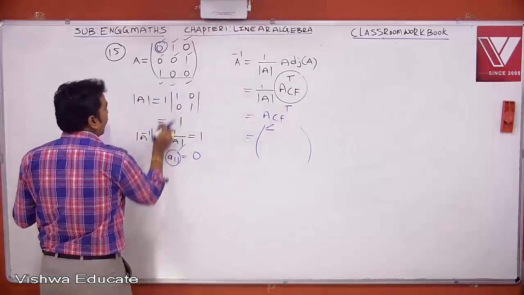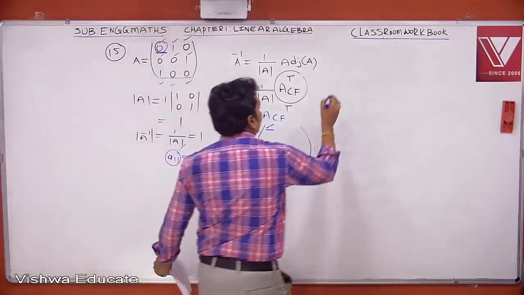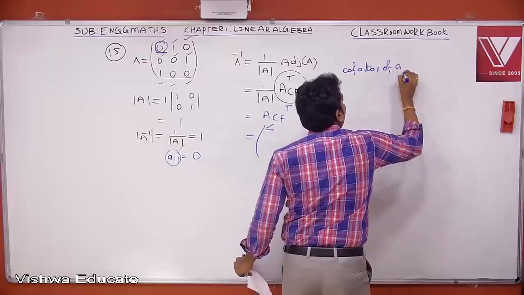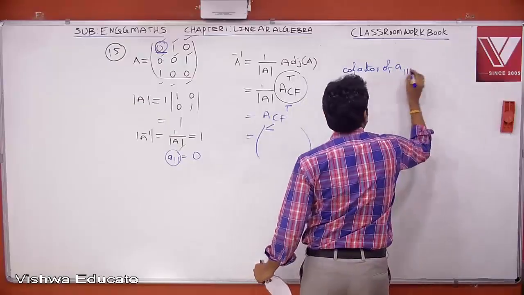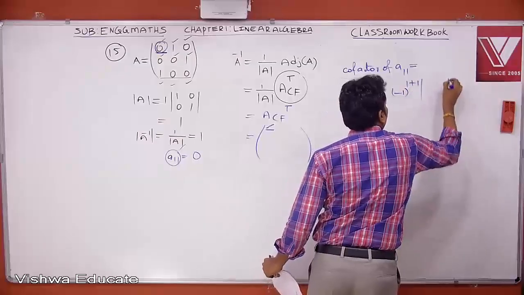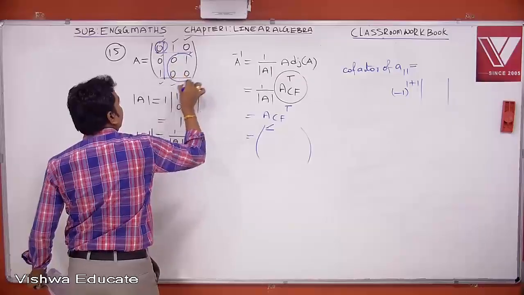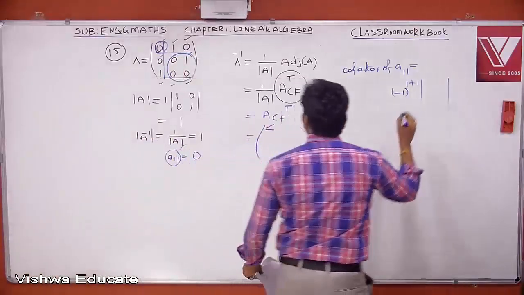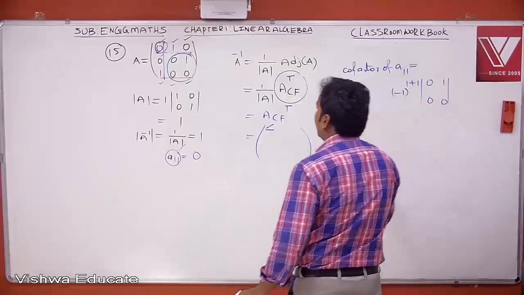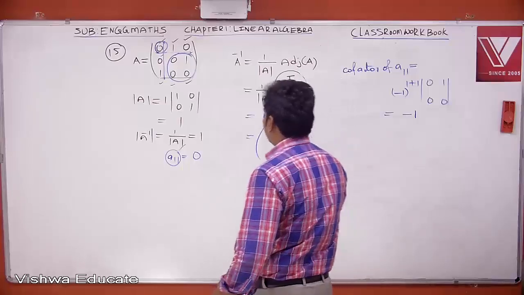So at first I am trying to find the cofactor of the starting element. Cofactor of A11 is minus 1 whole power 1 plus 1 into determinant of the matrix after eliminating this row and this column, which gives 0 1 and 0 0. Therefore we are getting the answer as minus 1.